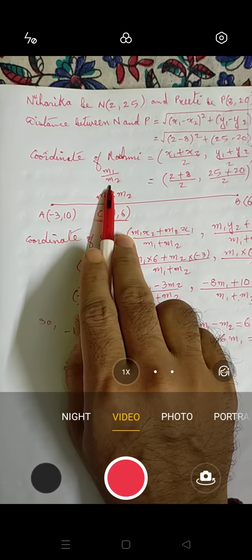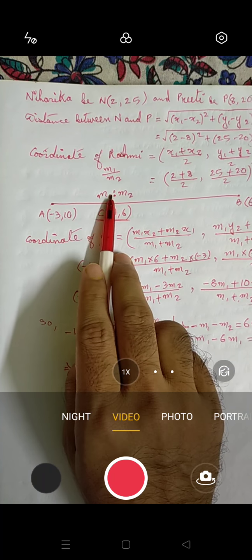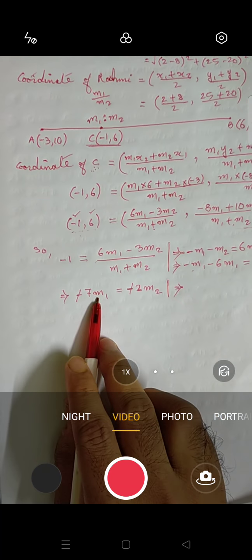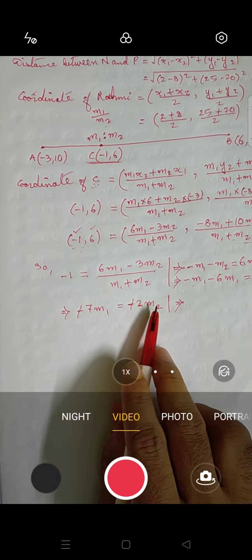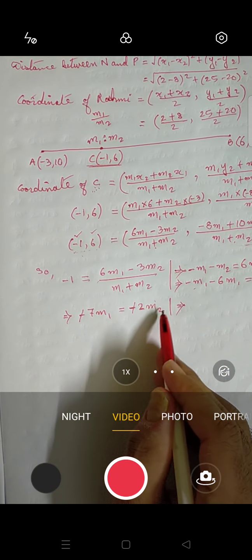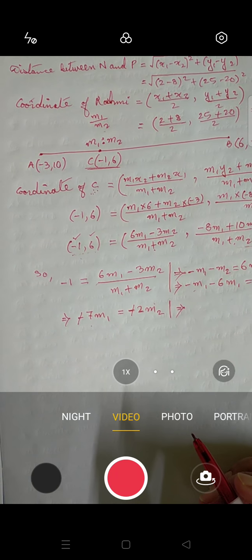Ratio means this. So you can see that this is m1. So I'll bring this m2 here, and it will be in divided form. Are you getting my point or not?